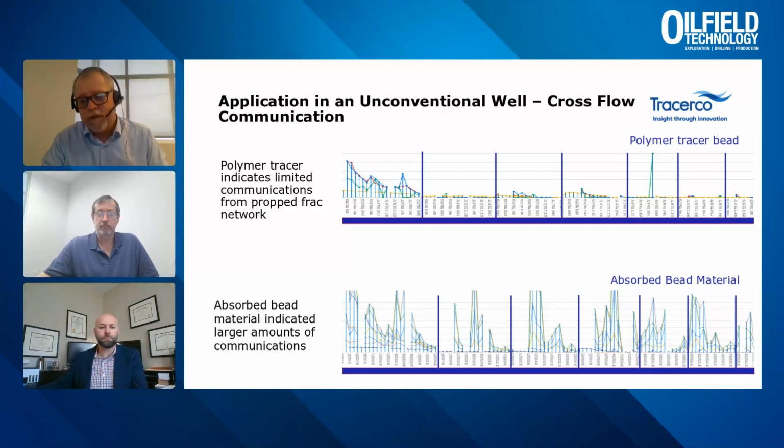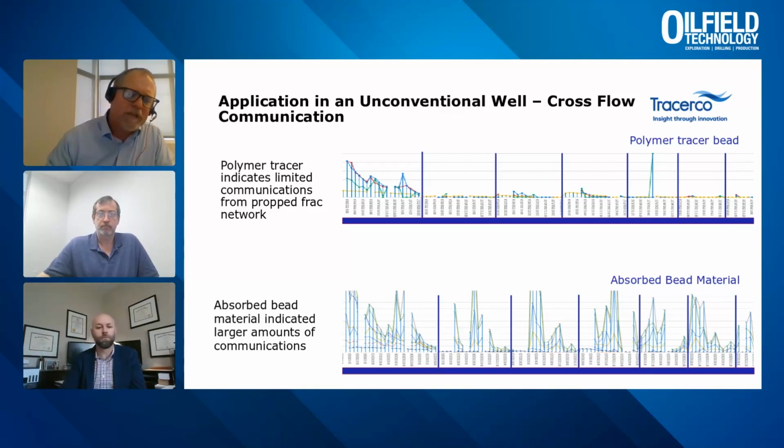The absorbed beads on the bottom, again starting to the left, are from the injected well, followed by communication with all offsets. Now, the absorbed bead material indicated larger amounts of communication, showing significant initial losses, potential crush, production of fines, and non-related spikes in production to the actual amounts being produced.